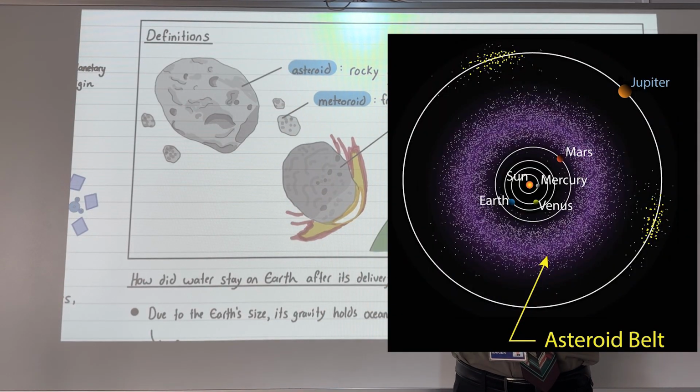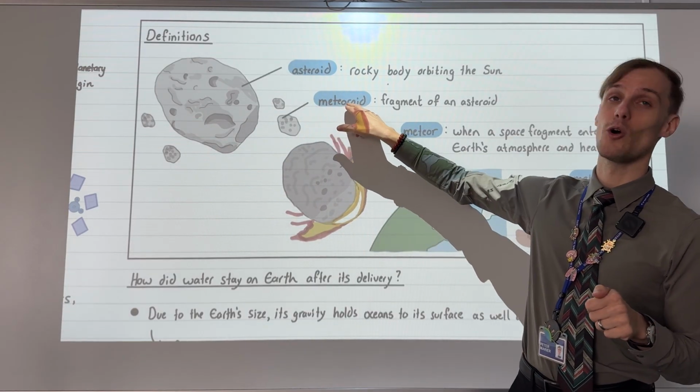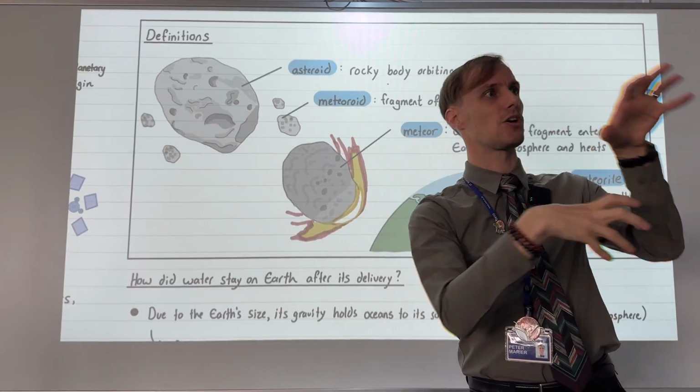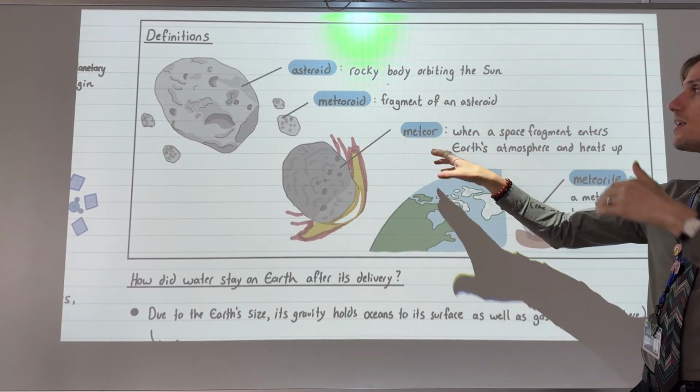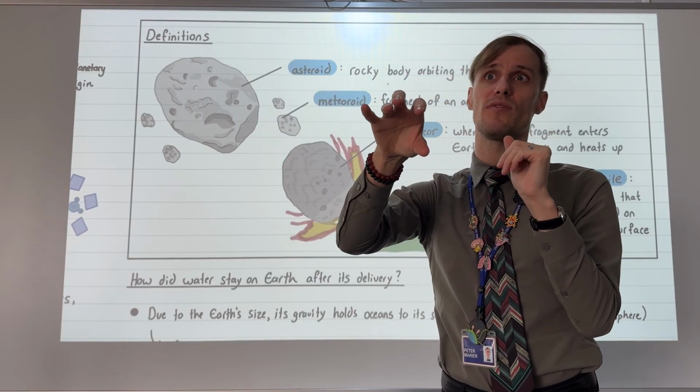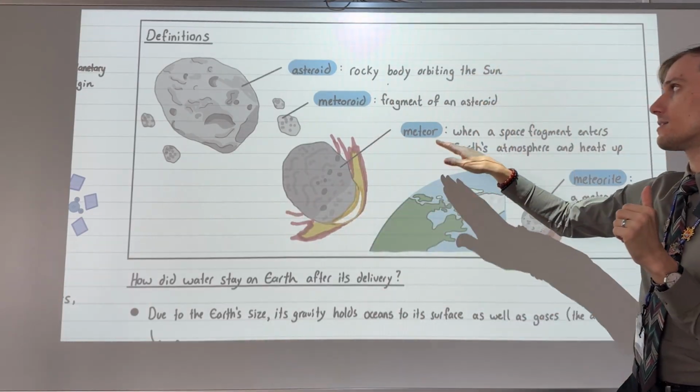There's even an asteroid belt in our solar system. A meteoroid is a fragment or a small part of a rock that's also there. And then finally, when that fragment actually enters our atmosphere, we call that a meteor.